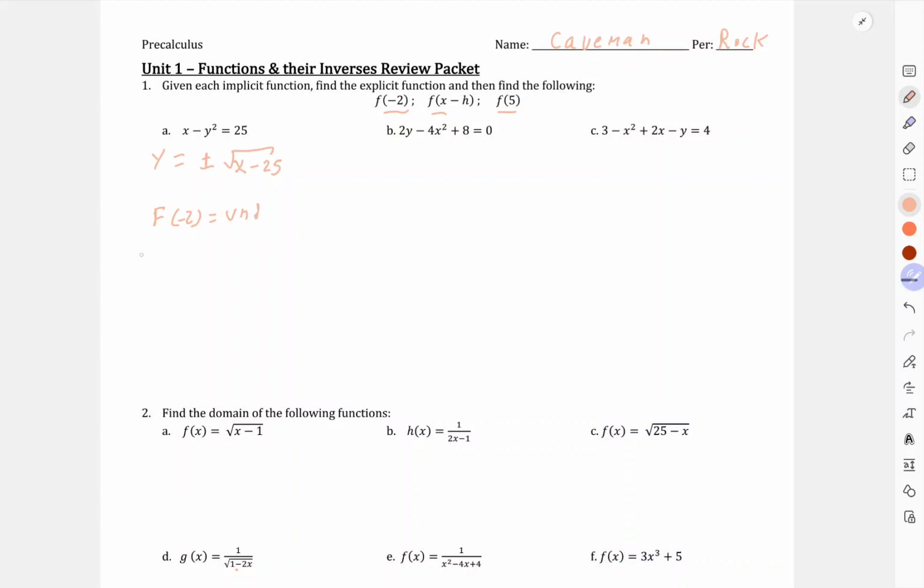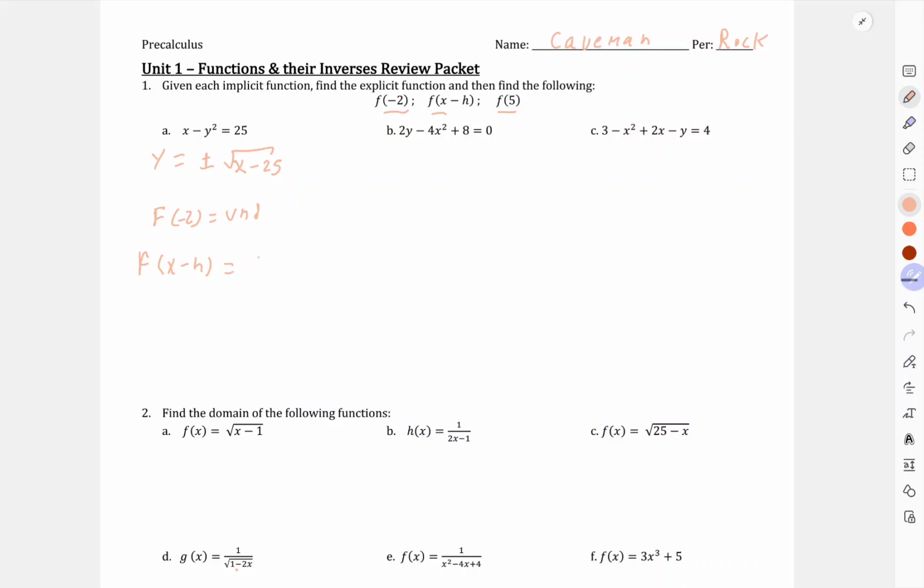And we go to the next one, which is f of x minus h equals plus or minus root of this. Okay, so basically what we do here is we plug in x minus h, we plug it into x, so that'll just give us this essentially.